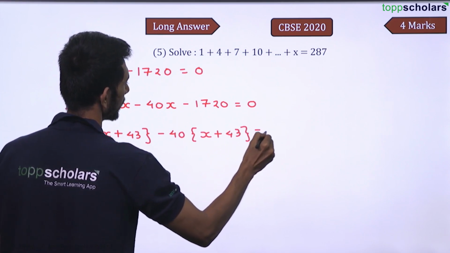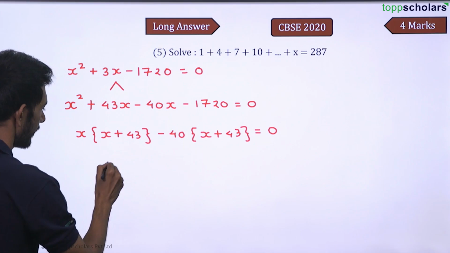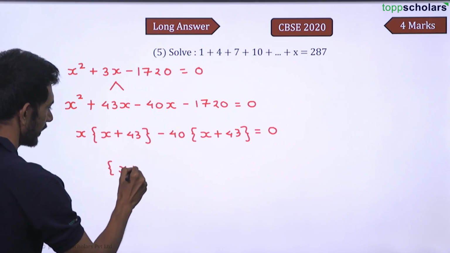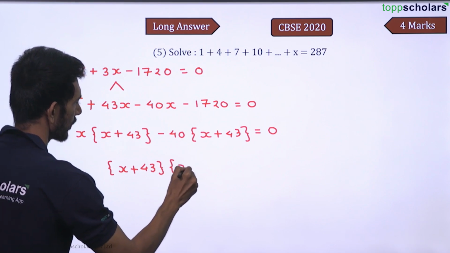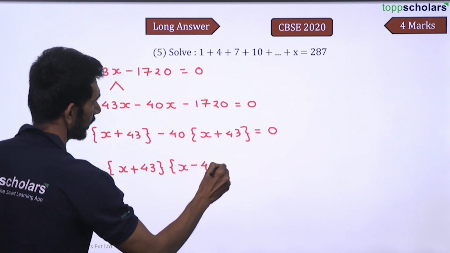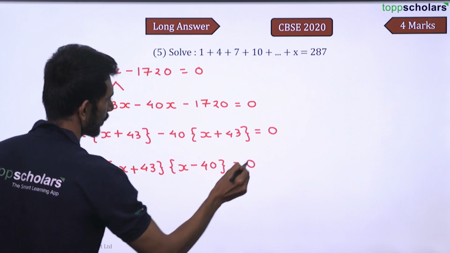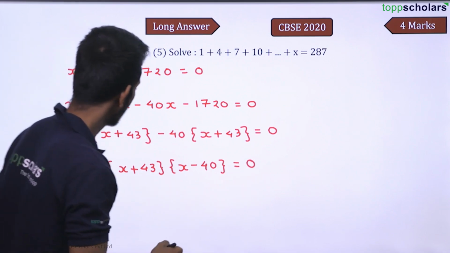You get x plus 43. And then you get (x plus 43) into (x minus 40) is equal to 0. So I have two brackets now, right?